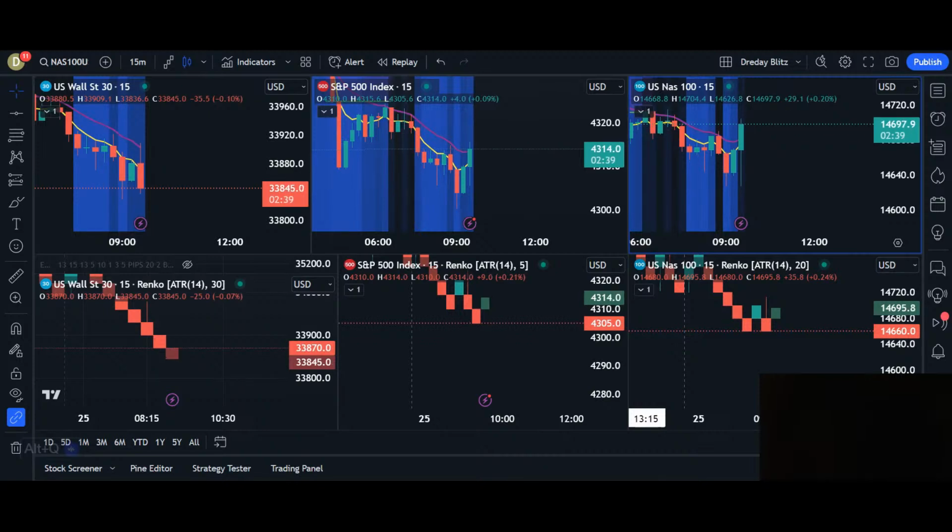So when you look at the Euro USD pair, you're able to buy that pair. And if you look at the British pound USD, you're looking to sell British pound USD. Why? Because the Euro GBP pair is bullish.